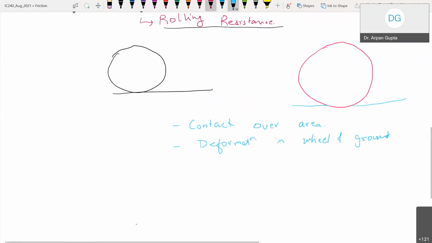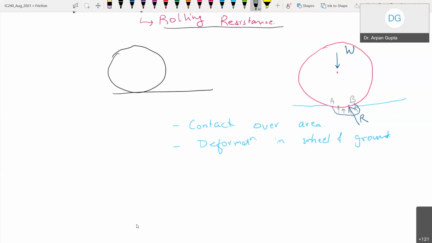And because of that, if I consider the forces, let's say this is the vertical load W, there will be a distribution of forces over the area, right? This distribution will have an equivalent force, let's say a resultant R, which will act at point B. Point A is vertically downward.